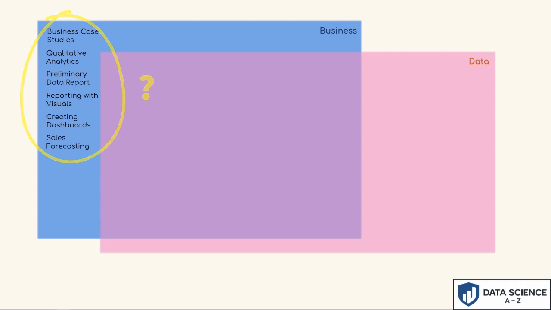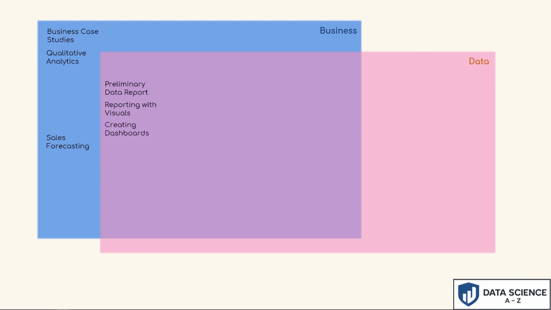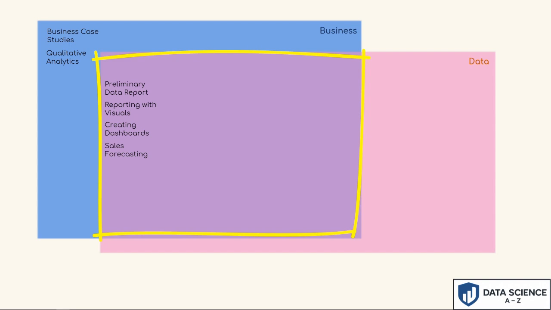Well, you'll need data to create a preliminary report, a visual representation of the performance of your company for last year, a business dashboard, and also a forecast for the future sales of your company. So, these four labels can sit comfortably in the overlapping area.